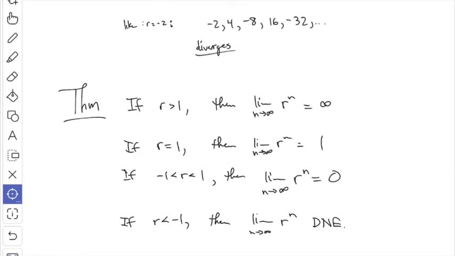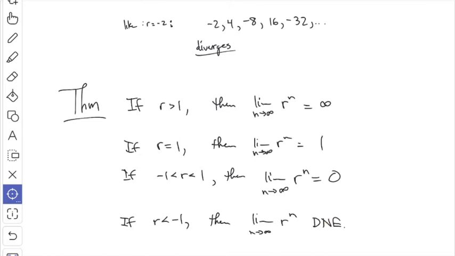If r equals 1, you happen to get 1. It's interesting to me that it's impossible to get any other limit. There is no such sequence r to the power n where the limit equals 2. Your only chances are 0, 1, or infinity. And the 1 basically almost never happens. There's only one specific case which can give you 1 as the answer. All other answers are either 0 or infinity or nothing at all.